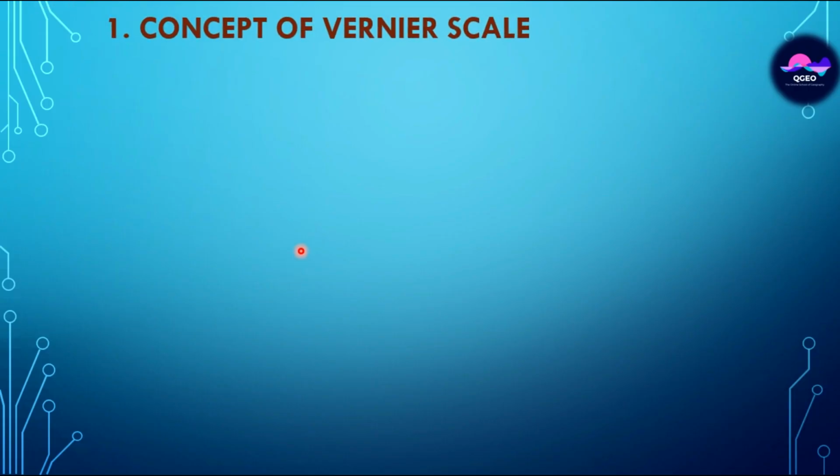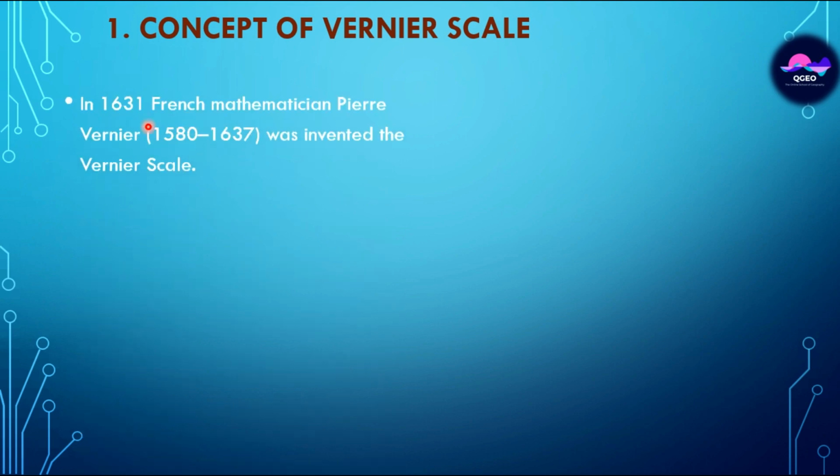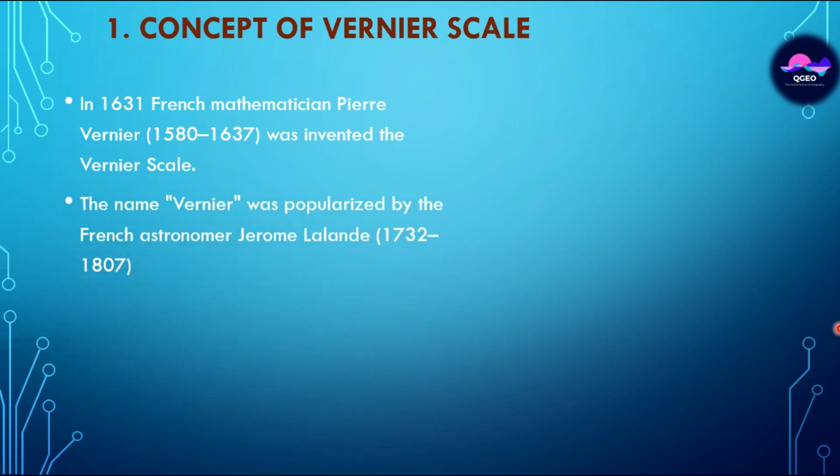Concept of Vernier scale. In 1631, French mathematician Pierre Vernier invented the Vernier scale. The name Vernier was popularized by the French astronomer Jerome Lalande from 1732 to 1807.